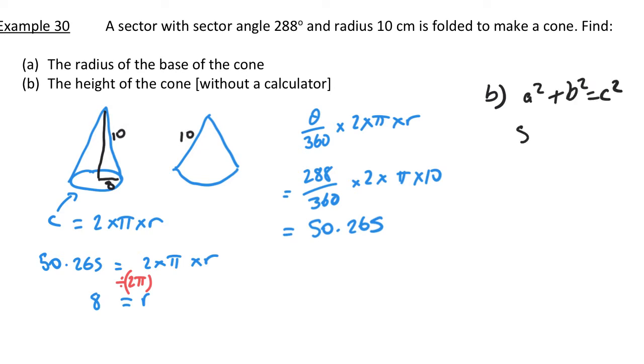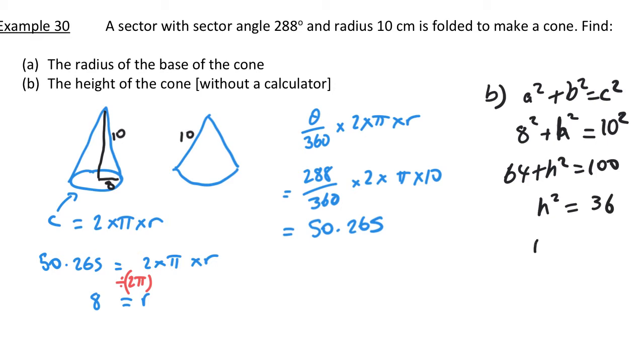A is 8 squared. B, we're trying to find, is the height, h squared, and that's going to equal the hypotenuse squared, which is 10 squared. So that's 64 plus h squared equals 100. Take away 64 from both sides, we get h squared equals 36. So then h is going to be the square root of 36, which is 6.